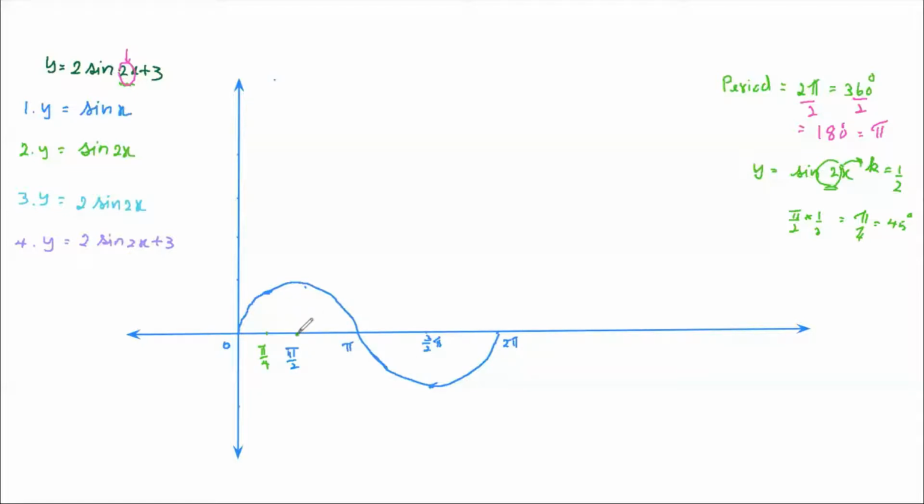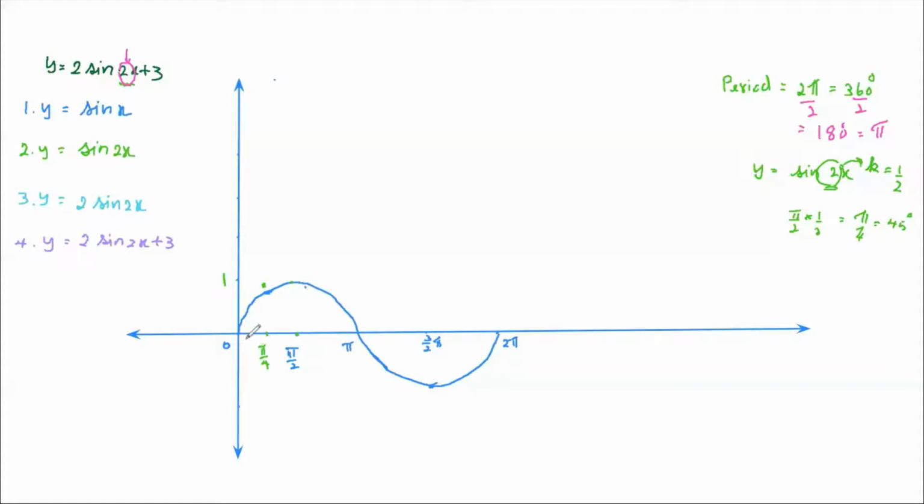From the original point at 90, up here is 1. When you move to the new point pi over 4, it will have the same value 1, the same height. So your new point is going to be here. Same value of y, but x moved from pi over 2 to pi over 4.